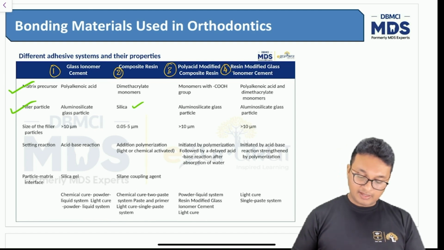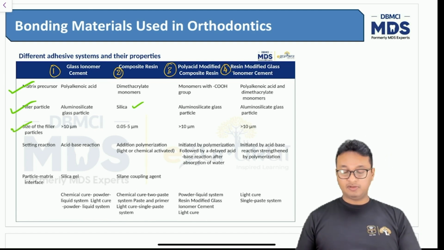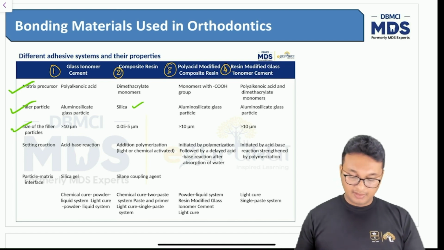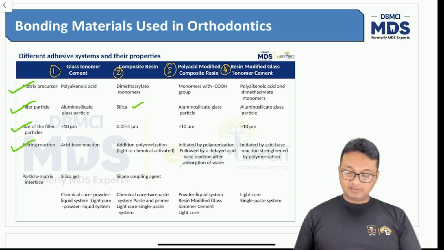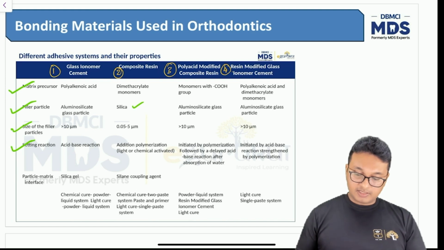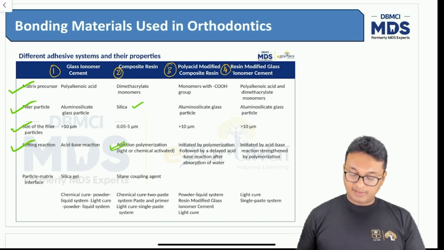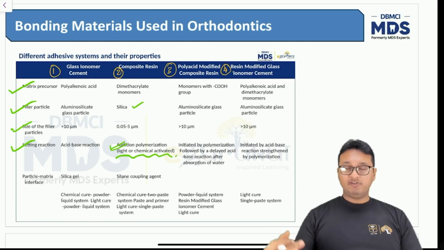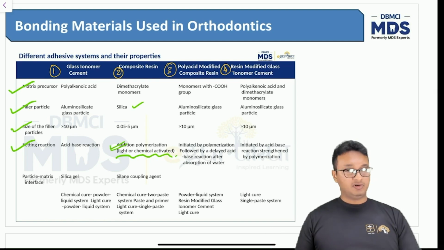Size of the particle can range anywhere between 0.05 to 5 micrometer to more than 10 micrometer. Setting reaction, acid-base reaction. But in case of composite resin, we have got addition polymerization, which can be light or chemically activated. Light activated, why? Because this light activation is the most commonly used process the world over.